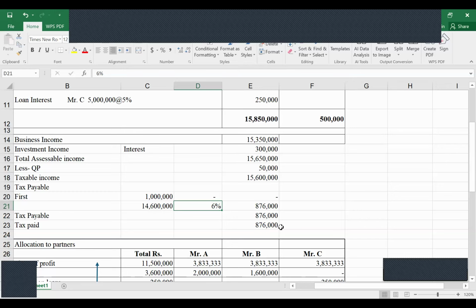So I have mentioned it is paid. If it is not paid, it cannot be given as a credit to the partnership. So here I assume that it has already been paid. It is not mentioned in the question.